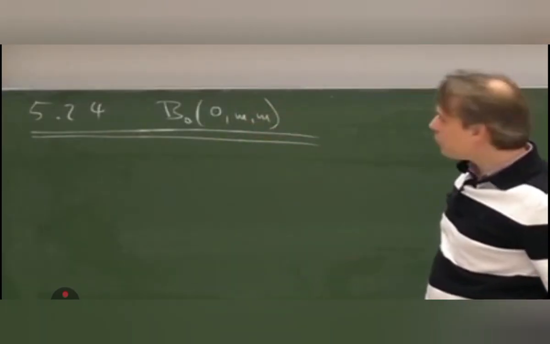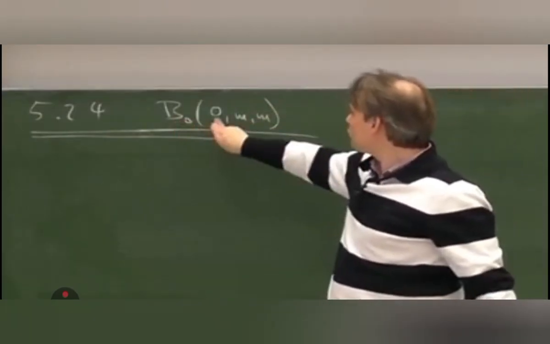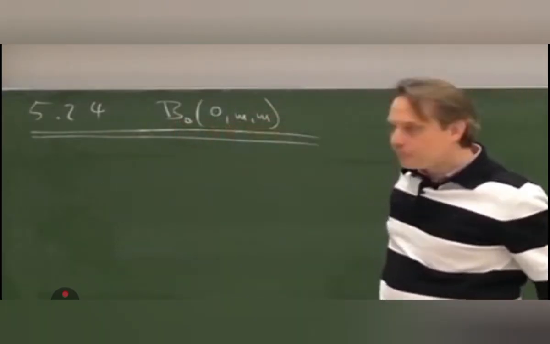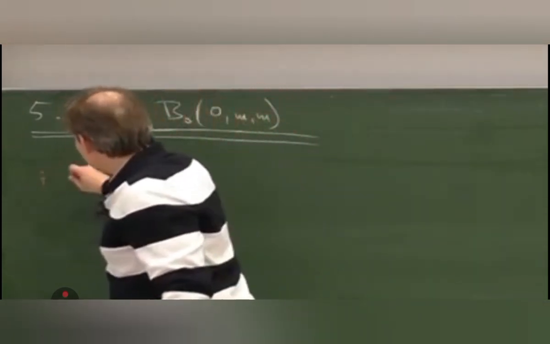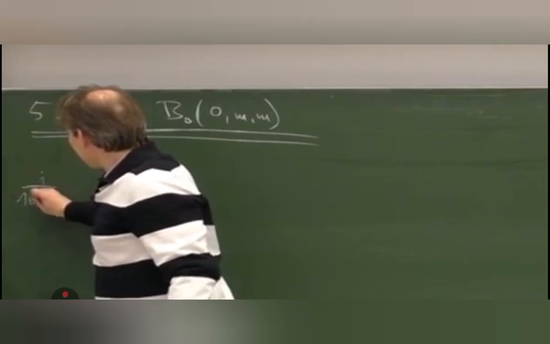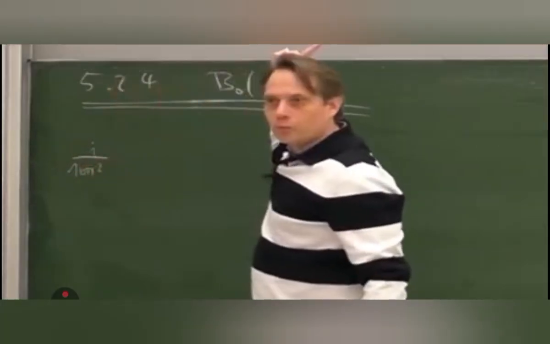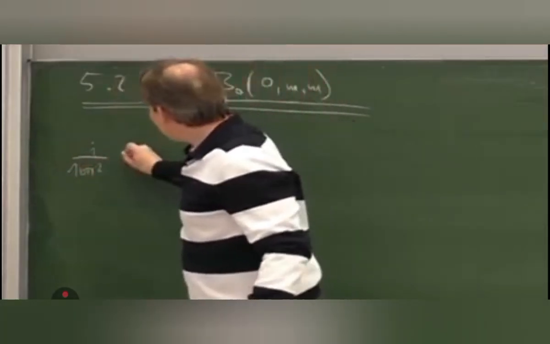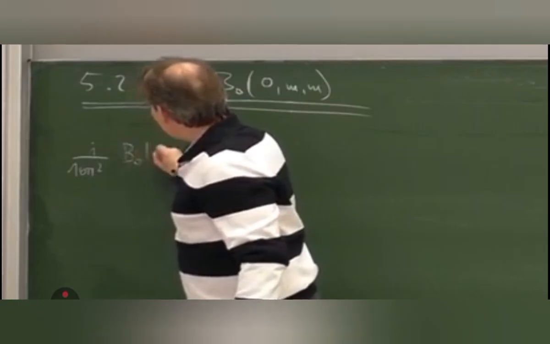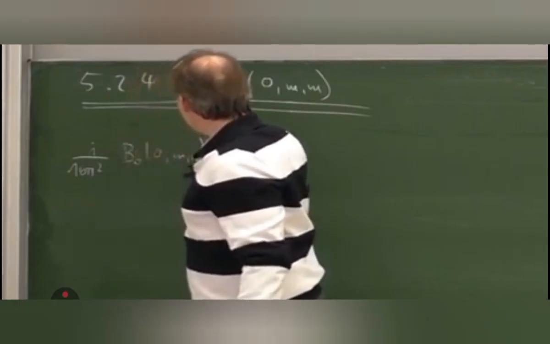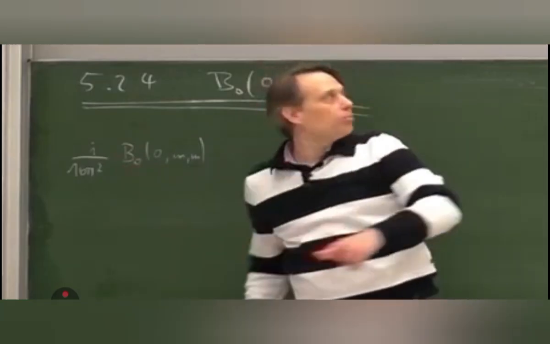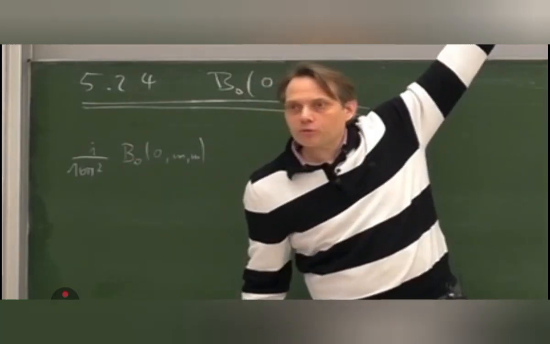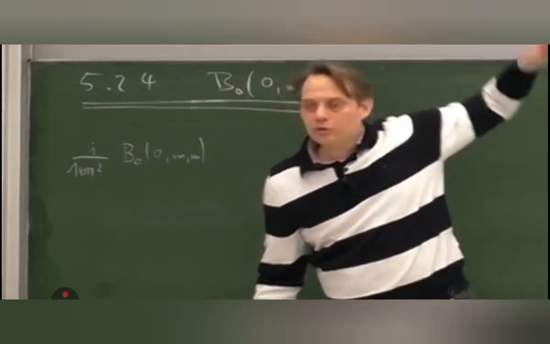It is called B0 of 0, m, m. This loop function is defined as follows. Namely, we define this one loop prefactor i over 16 pi square times B0 of 0, m. And so the B0 will then be the interesting part without this typical one loop prefactor. Okay, that is why the definition is like that.